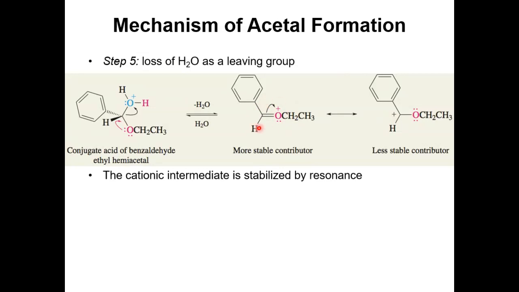Because you can write this resonance form, this is a really stable carbocation. Of these two resonance forms, which one is more important? The left side one or the right side one? The left side one, because of the extra bond.